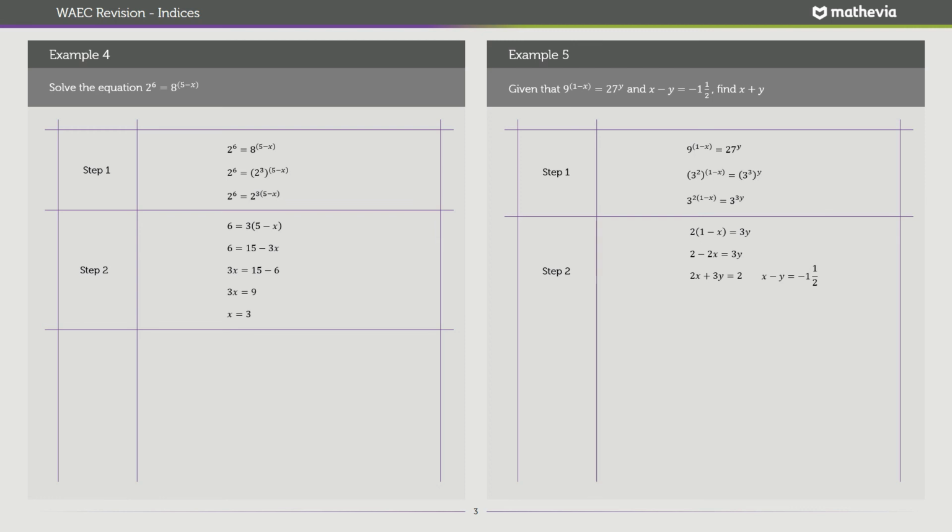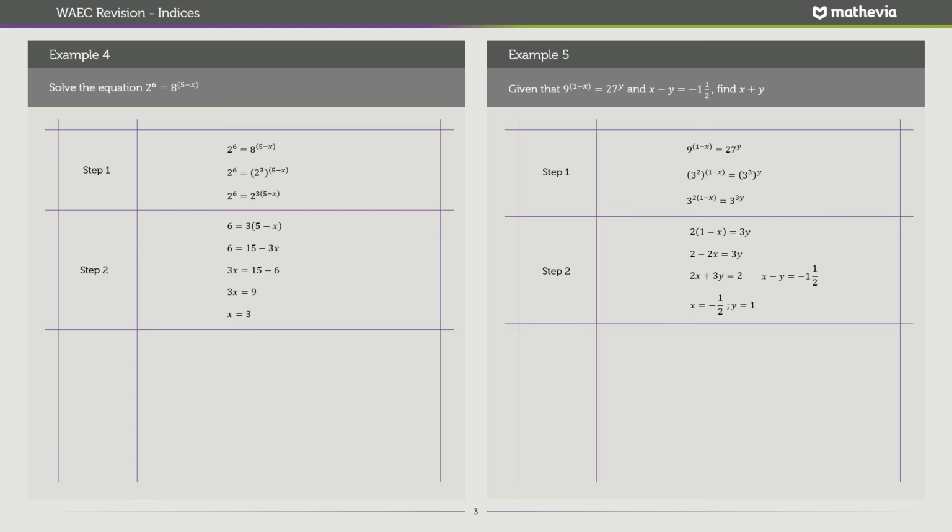You can solve this by the substitution method, elimination method, or equal subject method. But one thing I advise you to do is multiply that second equation by 2, so you get rid of that fraction. So you can go 2x minus 2y equals minus 3, and you'll make solving that simpler. If you solve it, you would end up with x equals minus 1 over 2 and y equals 1.